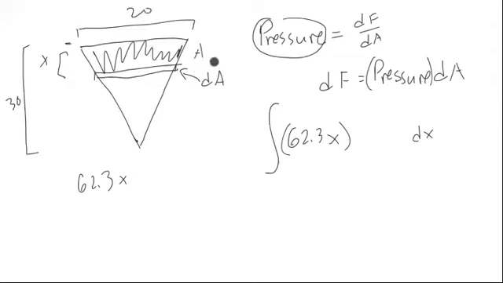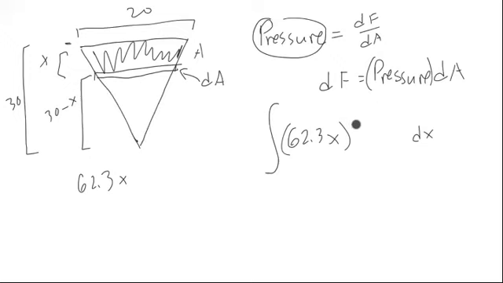That means this height right here would be 30 minus x. And you notice that the base is always 2/3 of the height, because 20 over 30 is 2/3.